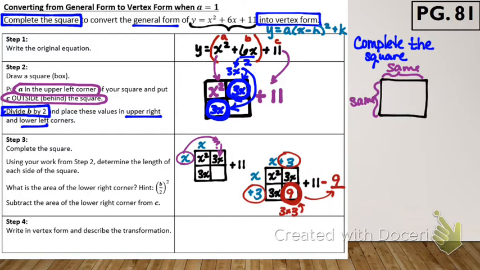So on either side of my square, I have x plus 3 and x plus 3. What's a better way to write that? X plus 3 to the power of 2. Yep, x plus 3 squared.